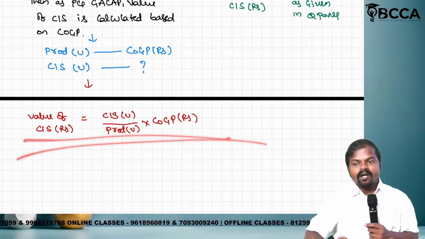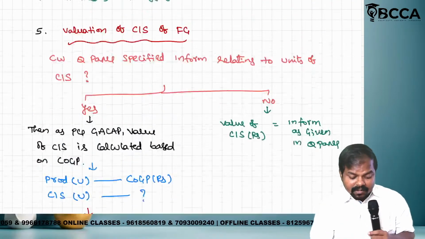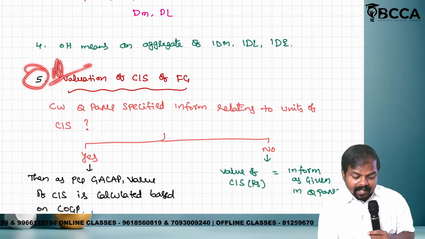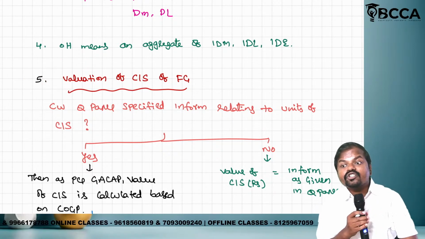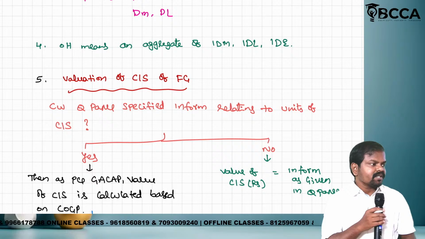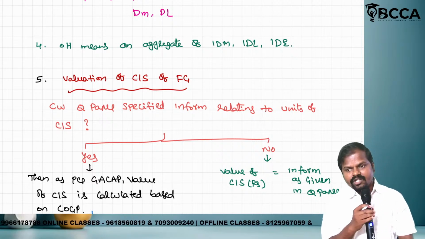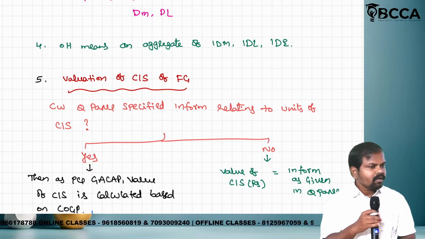This is the formula. This concept, especially the fifth point, is most important. Number 1, cost sheet. Number 2, the cost bookkeeping reconciliation topic, where we have to draft the cost sheet again. Clear? Please make it note.